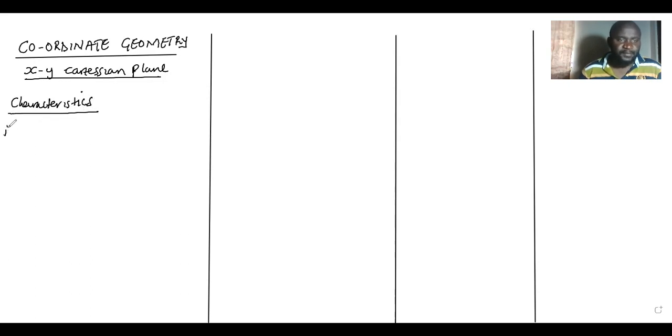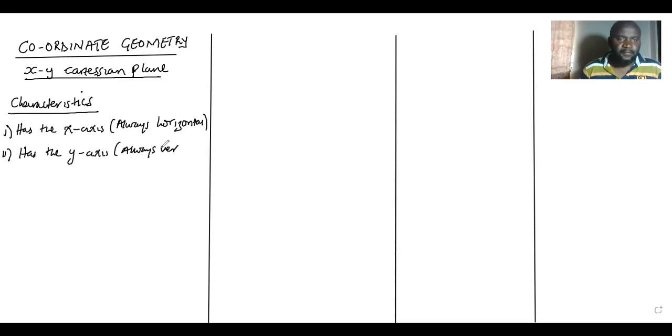One, it has the x-axis, which is always what? Always horizontal. Two, it has the y-axis, which is always what? Vertical.